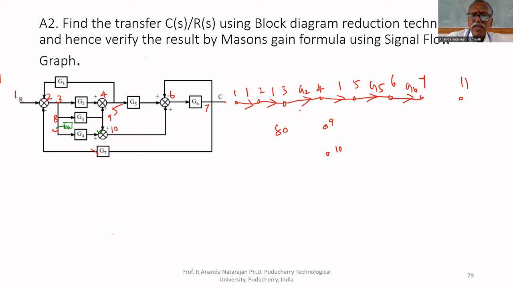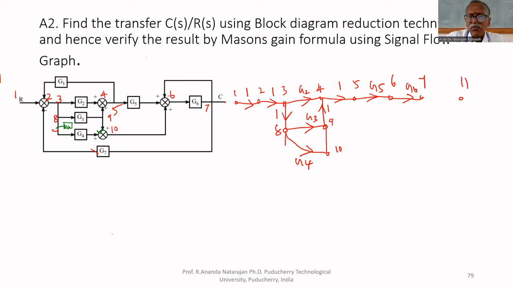Then 3 to 8, direction is important. 3 to 8 gain is unity. 8 to 9 G3. 9 to 4 unity gain. Here G4, 8 to 10 gain is G4.